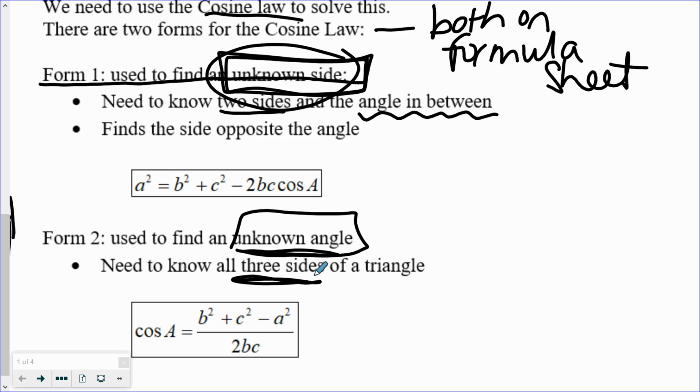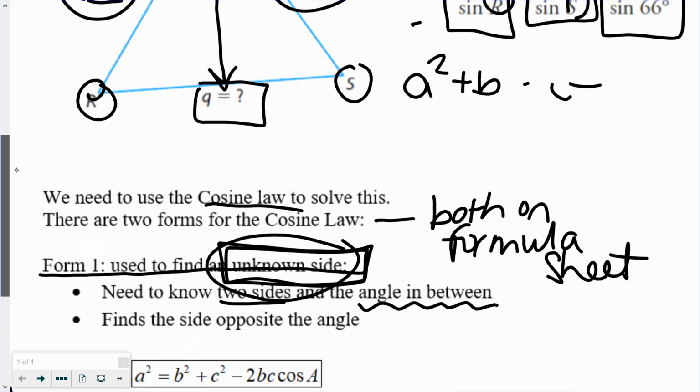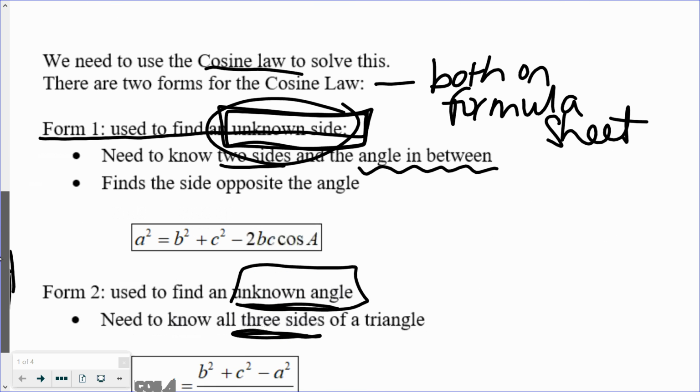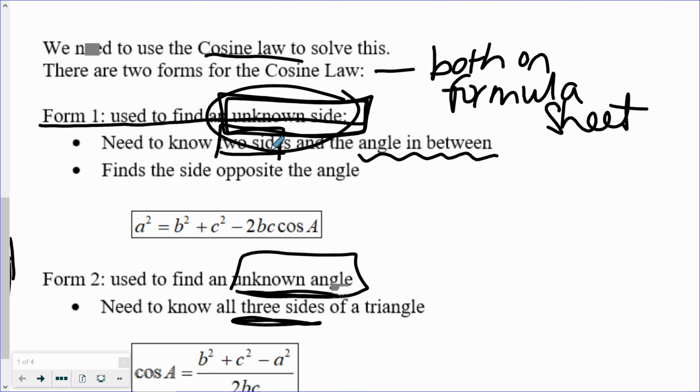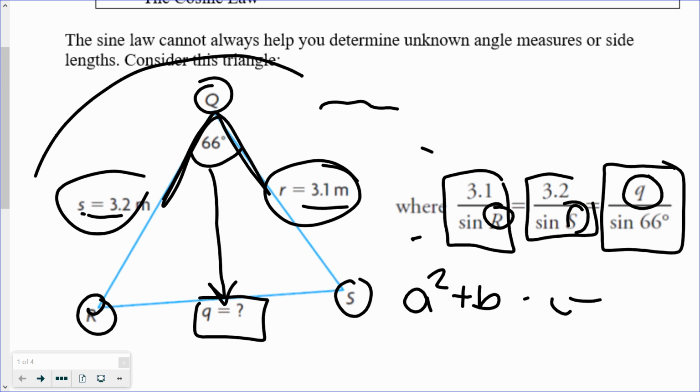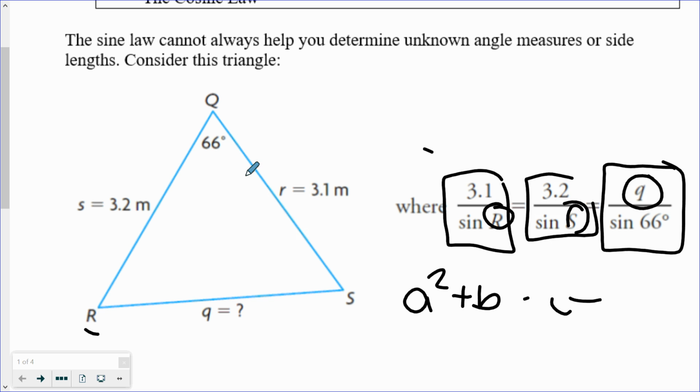Looking at the question above, because I don't think I have this solved anywhere, I'm going to try to solve using form one. Like we said, we have two sides and the angle in between. Because the formula uses A, B, and C, I don't want you to get confused with Q, R, and S. We need to call A our unknown, so I'm going to rename my triangle to make life easy.